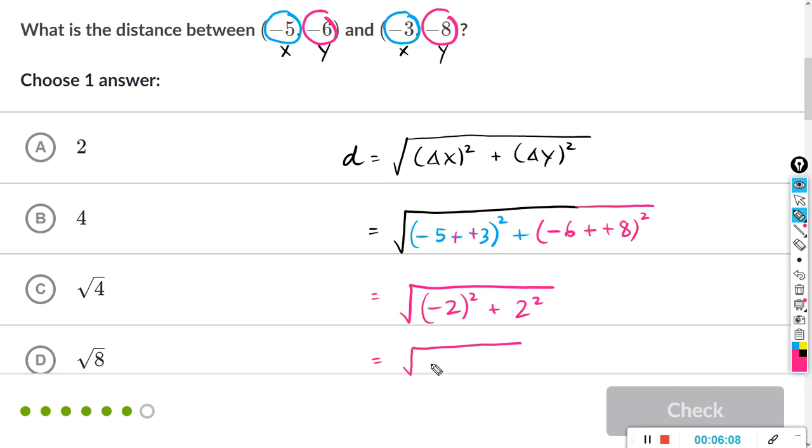Okay, negative 2 squared is 4. Positive 2 squared is also 4. And that's just going to be the square root of 8. Okay, if you do that on the calculator, it's a decimal. So just leave it. Okay, and you look for the square root of 8 in your choices. That's answer D.